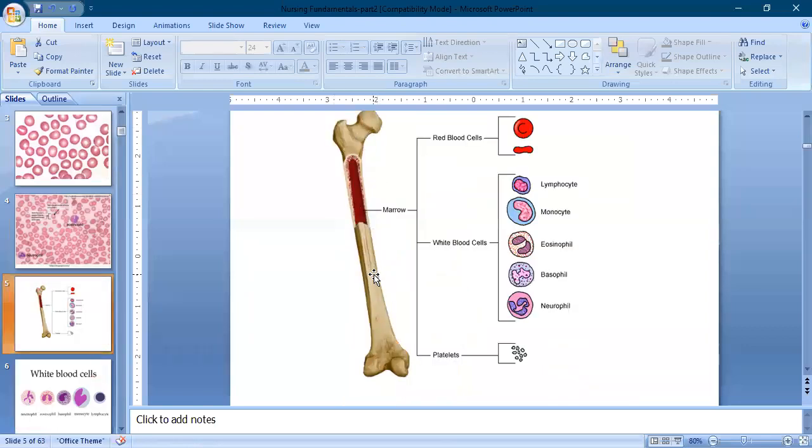These are the long bones and this is called bone marrow. Bone marrow can produce red blood cells, white blood cells, and platelets. So when red blood cells are less than normal, the patient develops anemia.